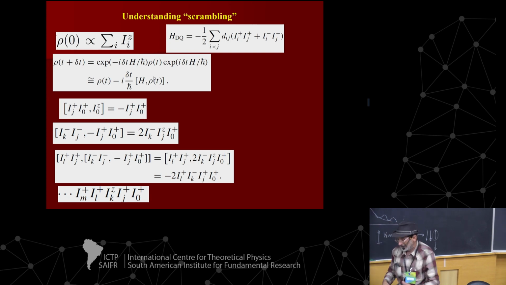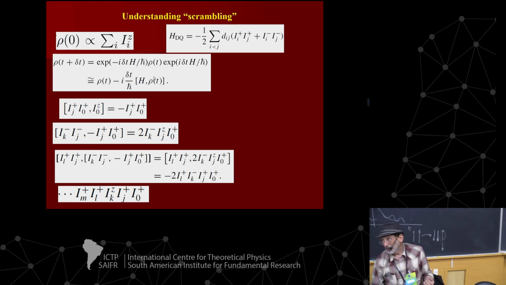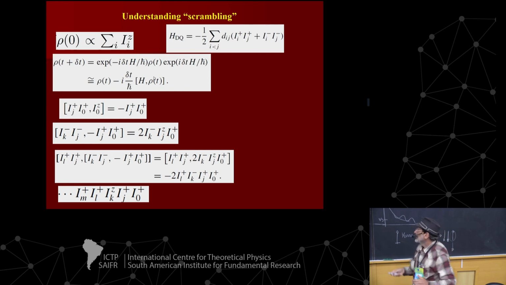As time goes on, this initial information that you have in a single spin starts spreading in a cloud. That's already the idea of the out-of-time order correlators. You do another step in time, and you end up with big strings of excited spins. That's a cloud. From every single spin, you go into a cloud.